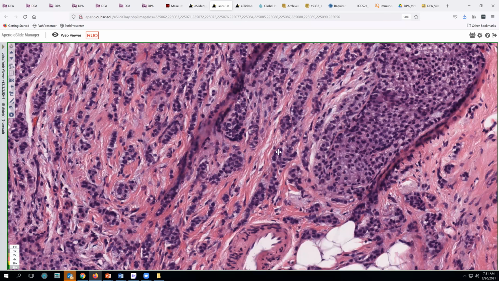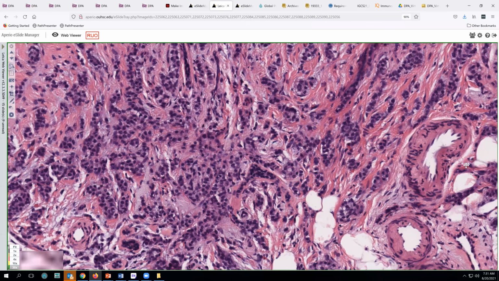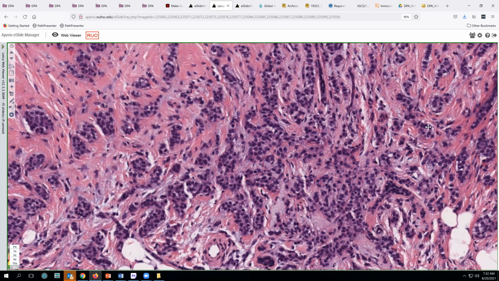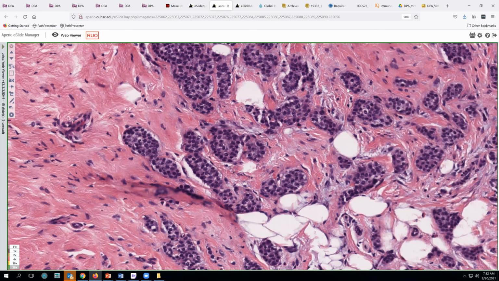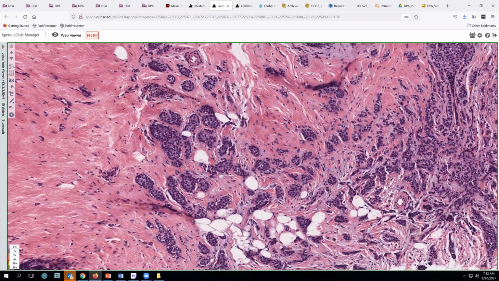Now, in our practice, we use the Nottingham grading system to provide a grade based on architecture, mitotic activity, and nuclear features. I'm not sure that we'll be able to see the nuclear features really well. There is here a degree of gland formation, rounded nests, and so forth. And I think you can appreciate that the nuclei are relatively round. The third area, mitotic figures, we're probably not going to be able to evaluate well with these 20x scans.